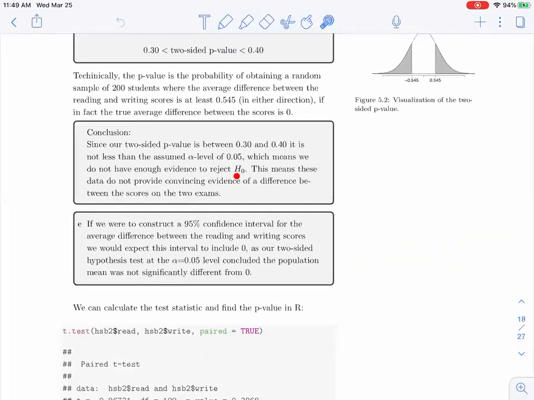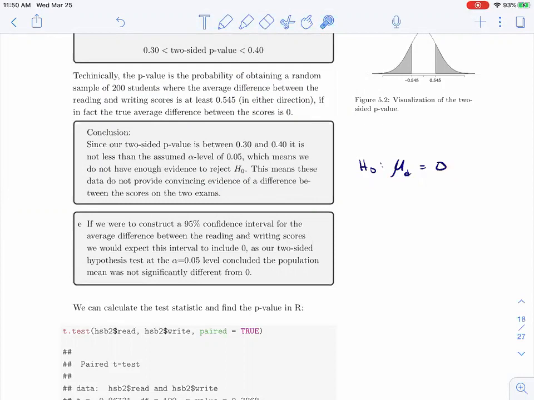So we didn't have enough evidence to reject H0. Remember that H0 is that the mean difference is 0, right? So now we're saying, okay, well, I don't have enough evidence against this, so I'm going to assume that this is true. So if I make a confidence interval, I would expect 0 to be in that interval.